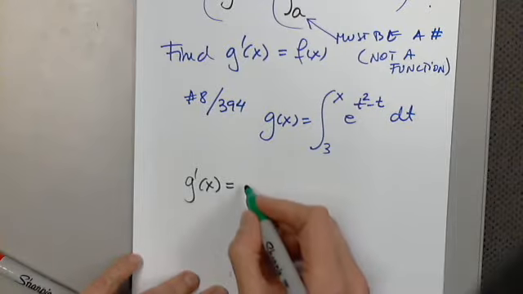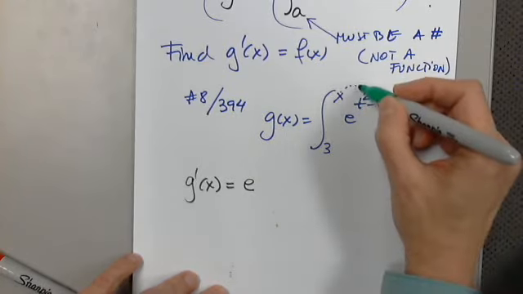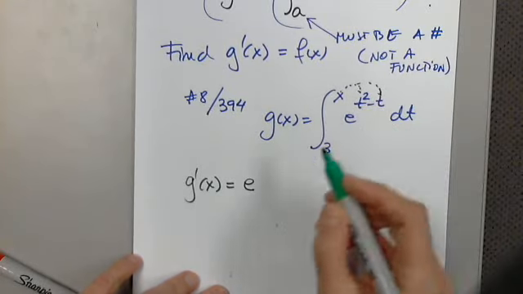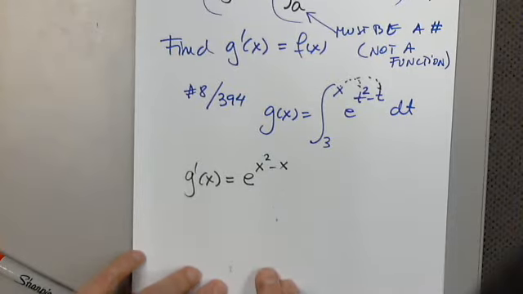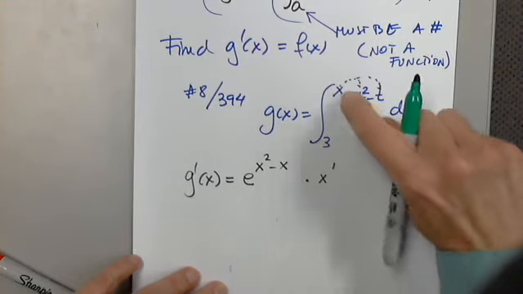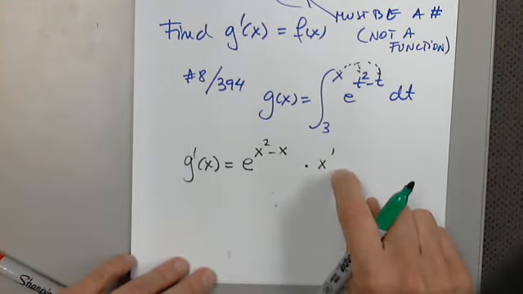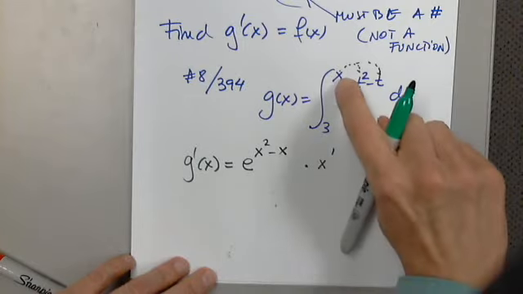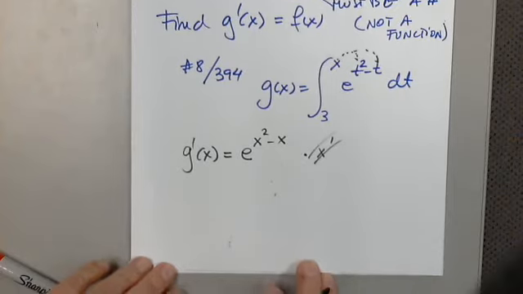We need substitution first. Exactly. E raised to u, or x squared minus x, times the inner function prime. But what is the inner function prime? What is the inner function prime? 1. Exactly. That's why I'm not going to write it.